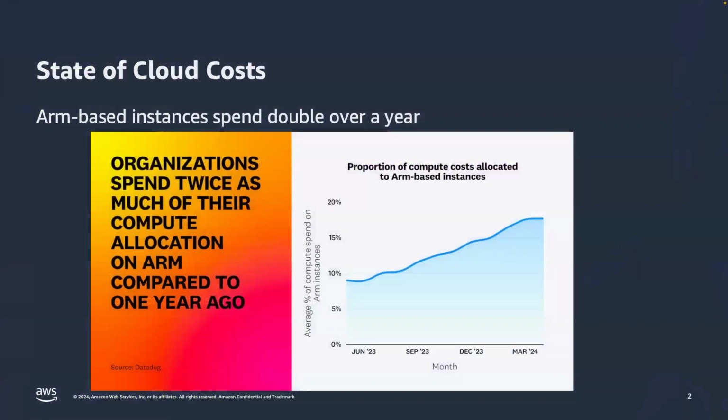So for a start, I would like to share with you some statistics. Datadog, one of our vendors and a very popular one, reports that 80% of their AWS customers are actually using ARM64 processors, which is the Graviton processors, when they use AWS.